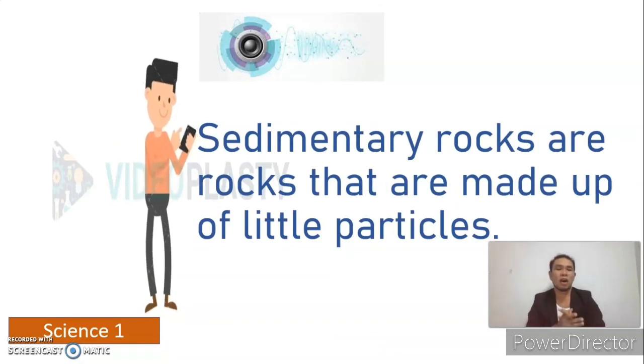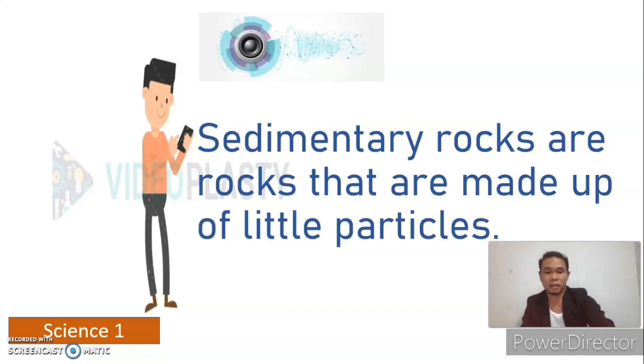Okay, so the next one. Sedimentary rocks are rocks that are made up of little particles like what I've said. Look at this one. That is the sea and the seashore. So look at the sand, the white sand, and then the water.